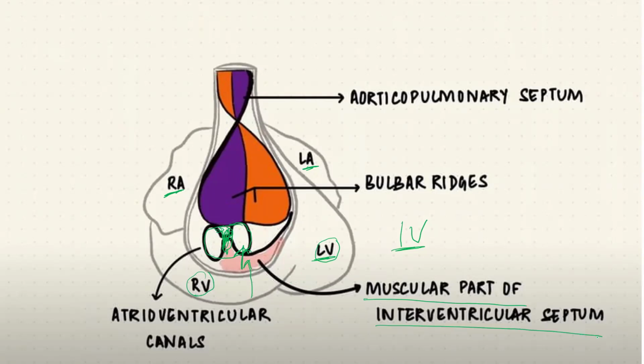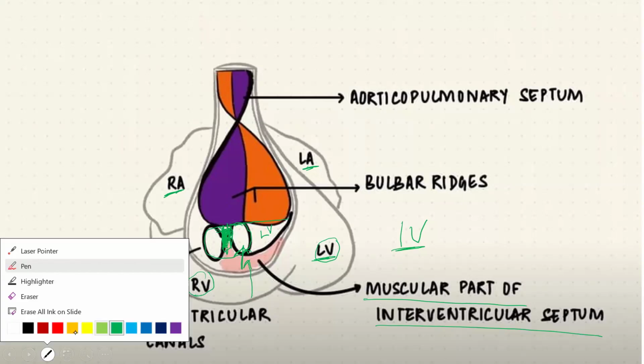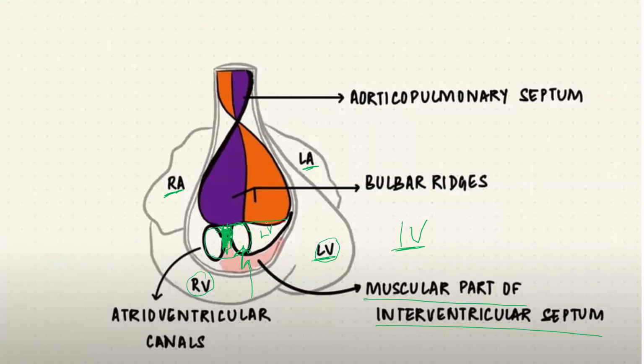What about the membranous part? Now, you see this endocardial cushion in green? I want you to imagine, this is still the left ventricle, and this is still an opening. So you need to seal that gap.